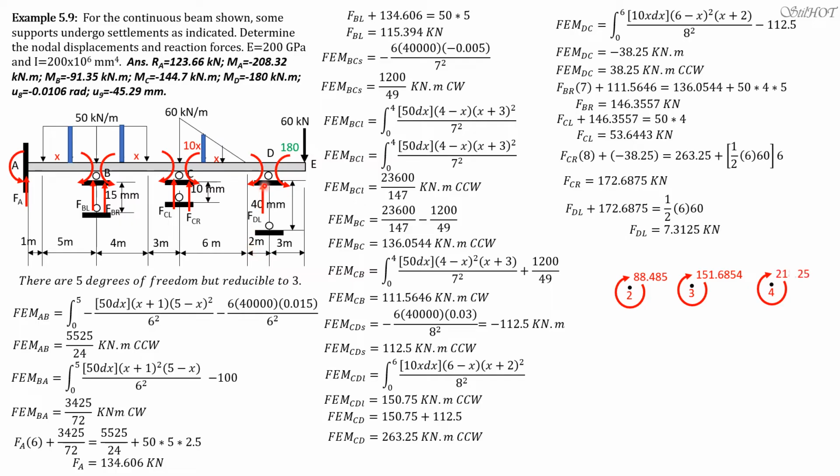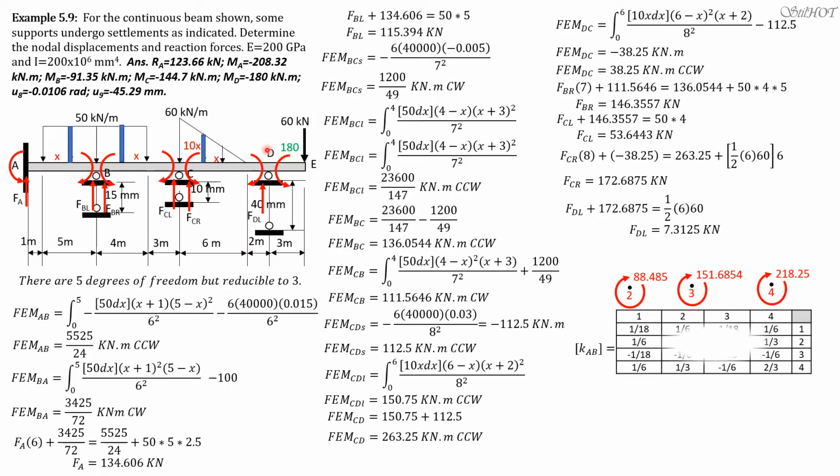Then at node 4, this is negative 38.25, and this is counterclockwise, so minus 180, so it should be clockwise, negative 218.25. So these are the nodal forces.